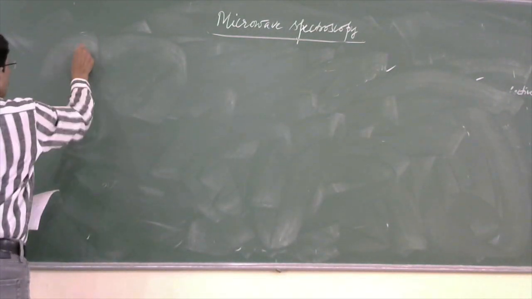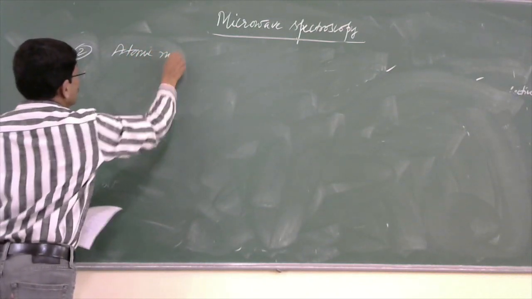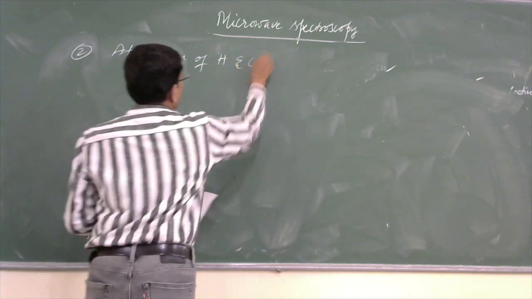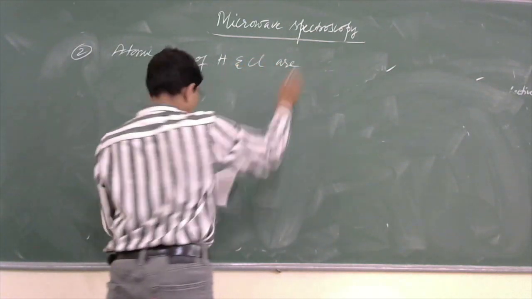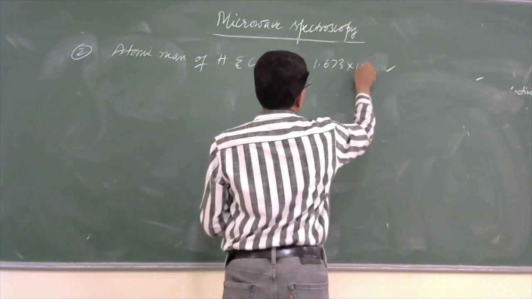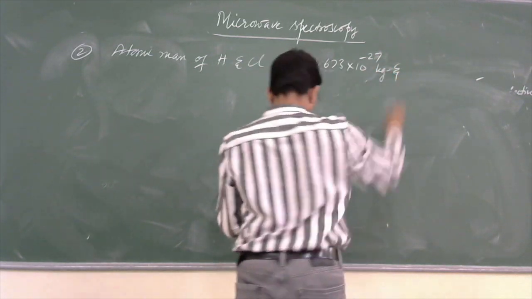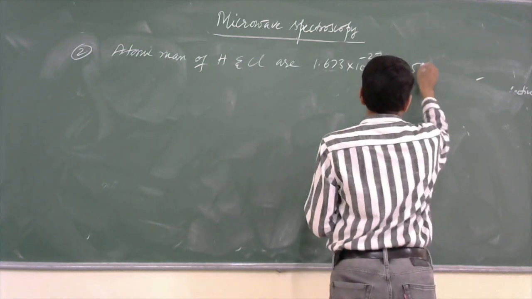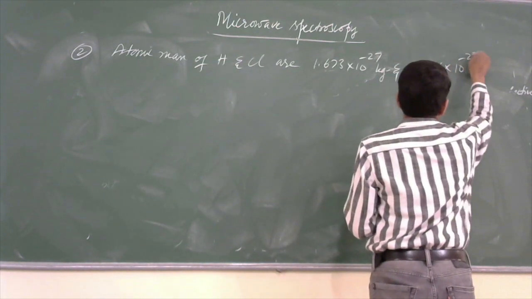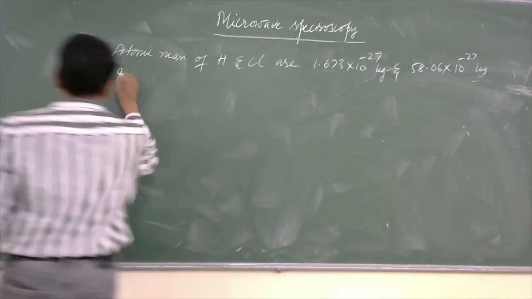So, in problem 2, atomic masses of hydrogen and chlorine are 1.673 into 10 to the power minus 27 kilograms and 58.06 into 10 to the power minus 27 kilograms respectively.